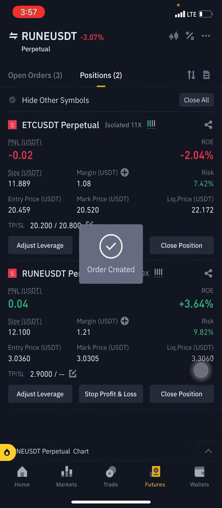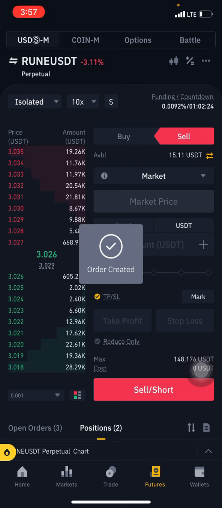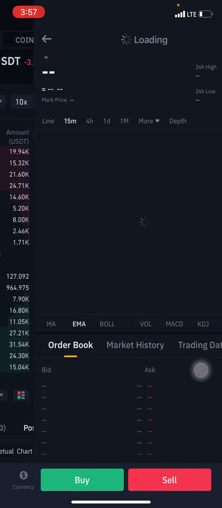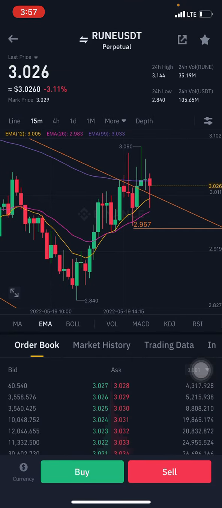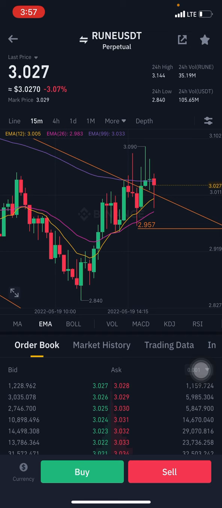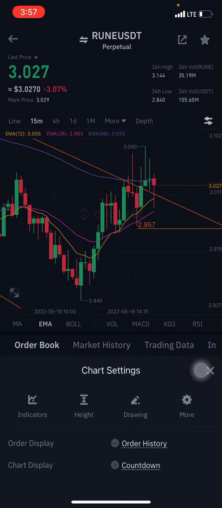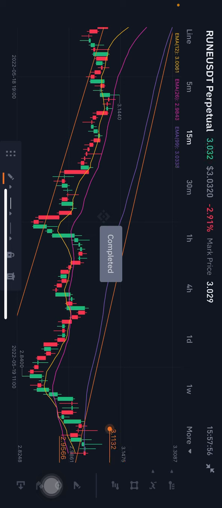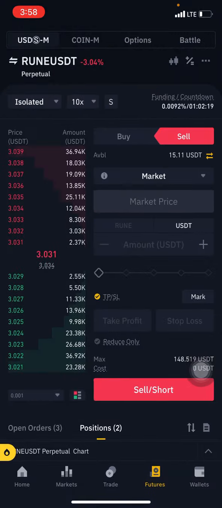Let me check my stop loss. My stop loss will be 3.12.